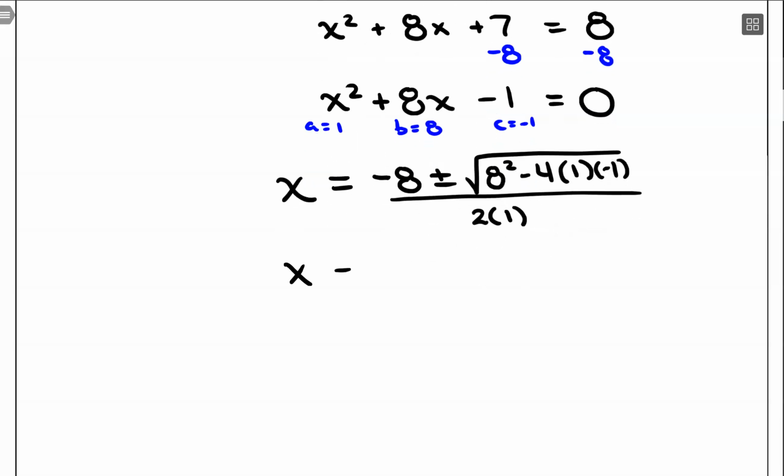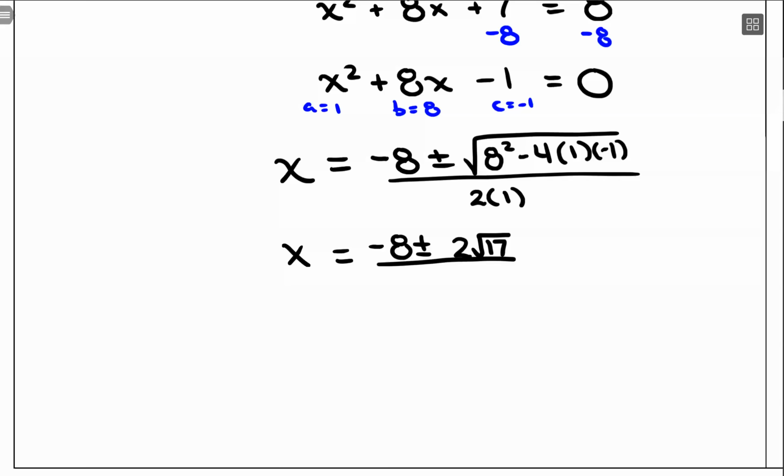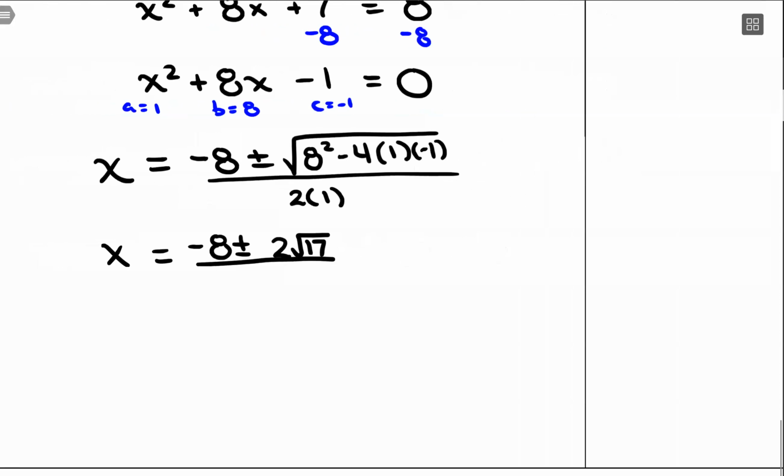And then just simplifying this down, so -8 plus or minus the square root. And then I like to simplify that square root. So that should simplify down to 2 times square root of 17. How I got there, I'll go through that. It's always good to have practice with these. So that square root is going to be the square root of 68. And then simplifying our radical, I just start thinking about factors.